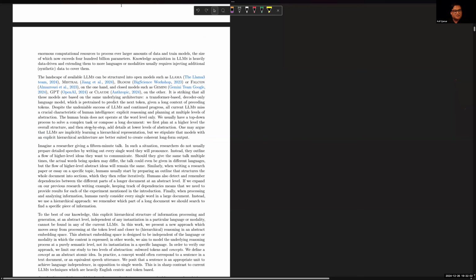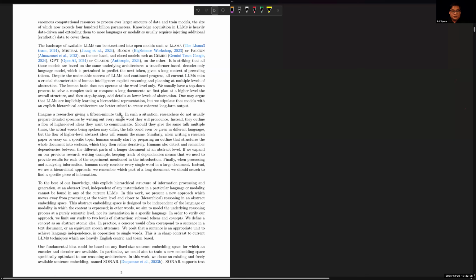I'll skip some of the introduction, but one paragraph is worth noticing, and it's a very long paper, so we won't get time to read every single paragraph. But one thing that they do get their intuition from is this paragraph, in which they say, imagine a researcher giving a 15-minute talk. In such a situation, researchers do not usually prepare detailed speech by writing out every single word they will pronounce.